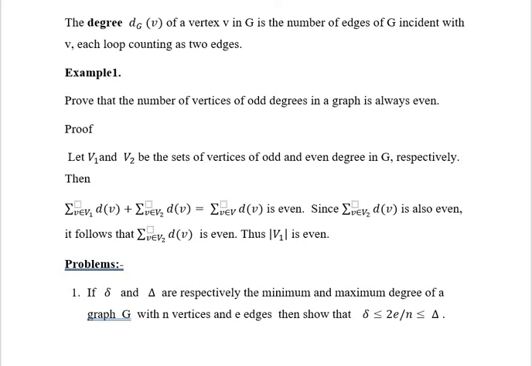Hence in this equation, sigma v element of V2, degree of v, turns out to be an even number, and it is equated to an even number. So we get sigma v element of V1, degree of v, equal to an even number minus an even number. That will surely be an even number.